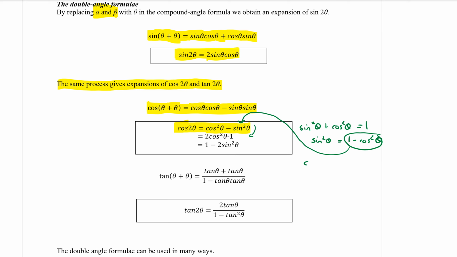So that's going to give us cos 2 theta equals cos squared theta minus, now don't forget that minus will expand through, minus 1, and the minus will become a plus cos squared theta. So when I collect up, I have some like terms here. Cos squared theta plus another cos squared theta is 2 cos squared theta minus 1.